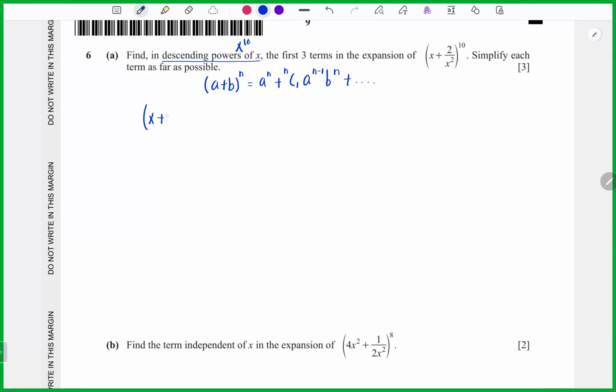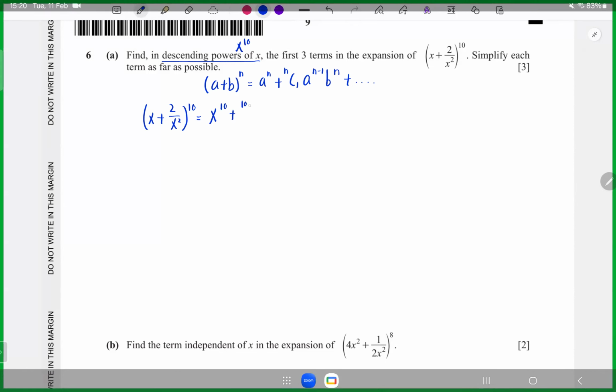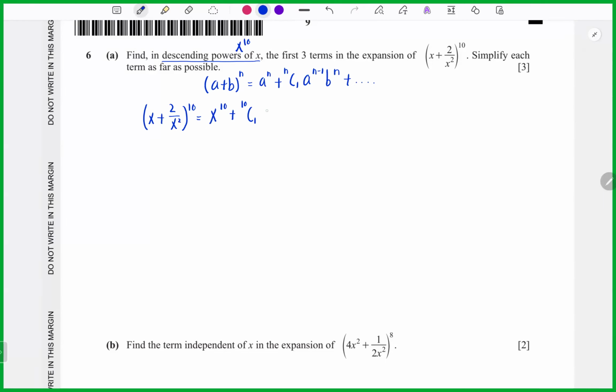Now the question says they want us to start descending. It means I need to start with x power 10 first. x power 10 plus 10C1 x power 9 bracket 2 over x squared, plus 10C2 x power 8 bracket 2 over x squared, squared, plus dot dot dot.